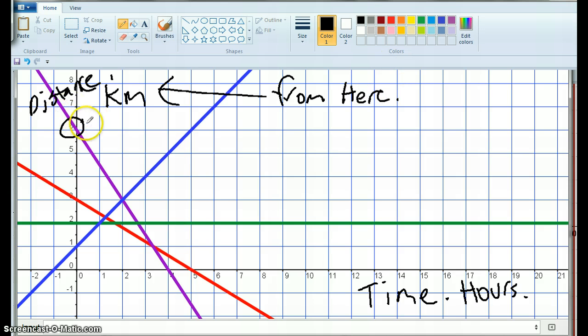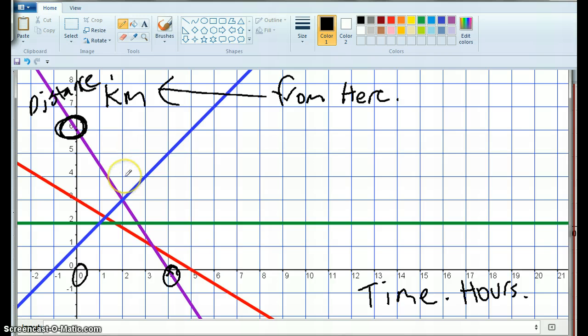Okay? So what's the purple line at 0 time? Time is 0. Where's the purple person? We're going to call these people imaginary people. So that person is 6 kilometres away from the classroom. In 4 hours' time, they'll be at the classroom.